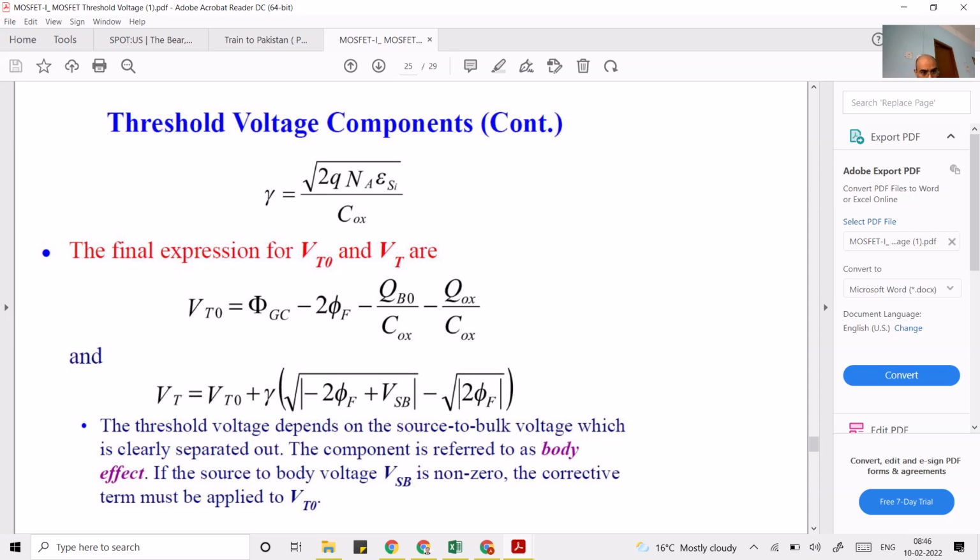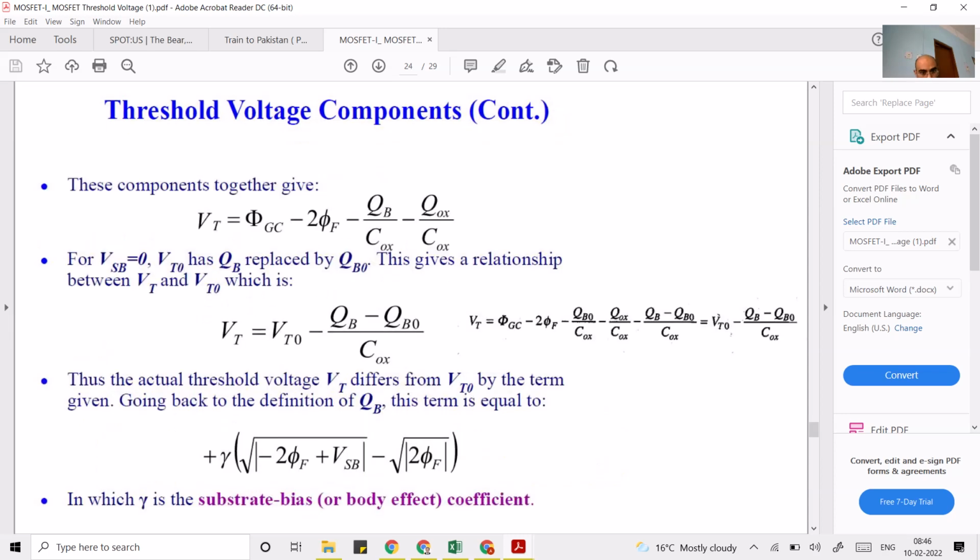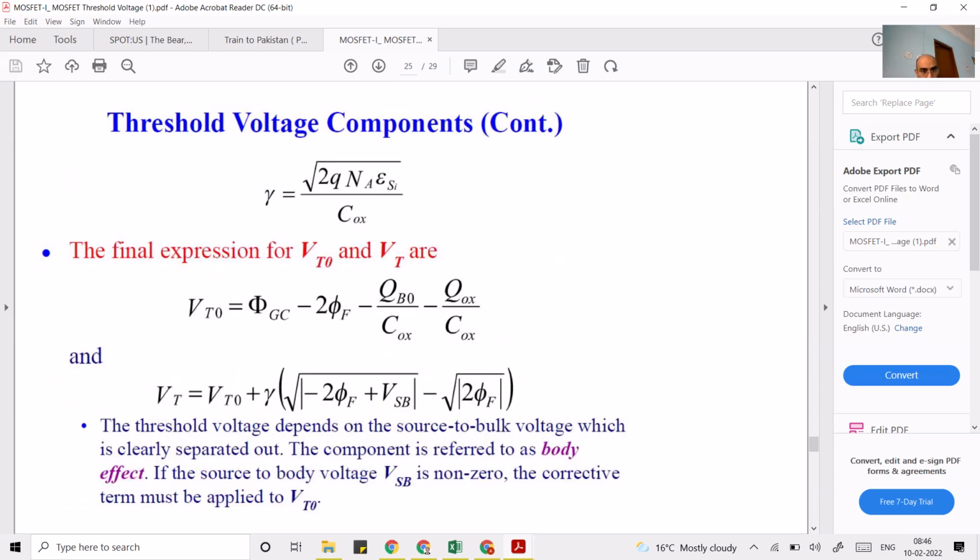Some constant will come because both equations have this constant part, so you take it outside: 2 under root q Na epsilon Si upon Cox. This is denoted by gamma, which is also called the body coefficient, the substrate bias coefficient, or the body effect.